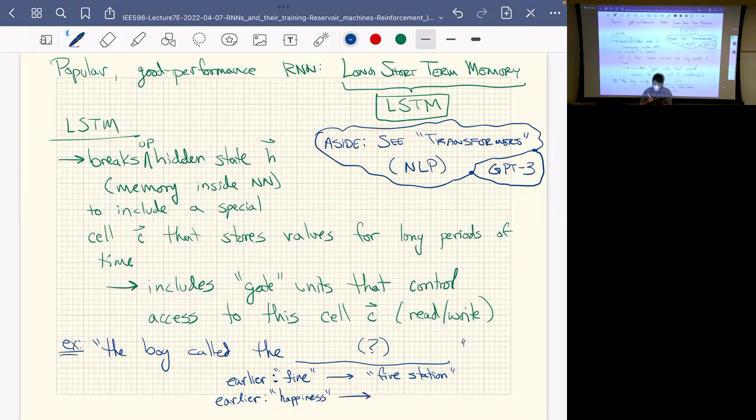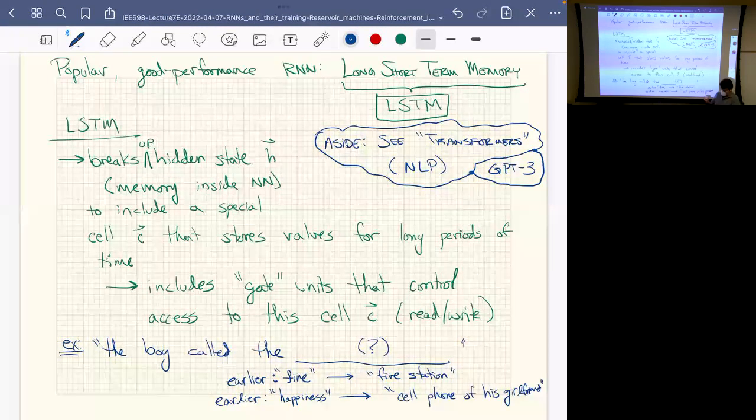So then that might mean that its prediction is not that he called the fire station. He might have called the cell phone of his girlfriend. So this earlier thing is stored inside that cell.